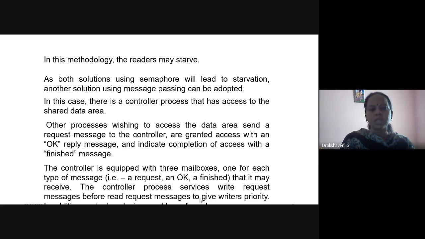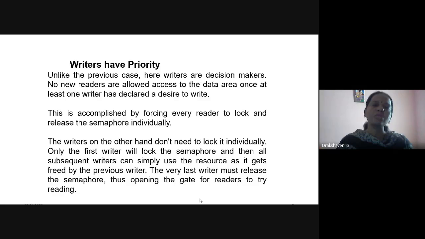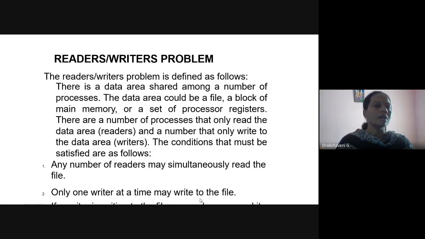The controller is equipped with three mailboxes, one for each type of message: request, OK, and finished. The controller process may receive the write request message before the read request message to give write priority. In addition, mutual exclusion may be enforced. So this is about your reading and writing problem.